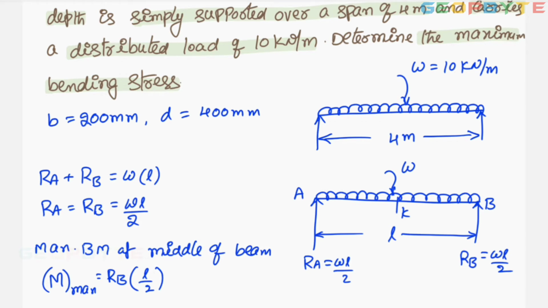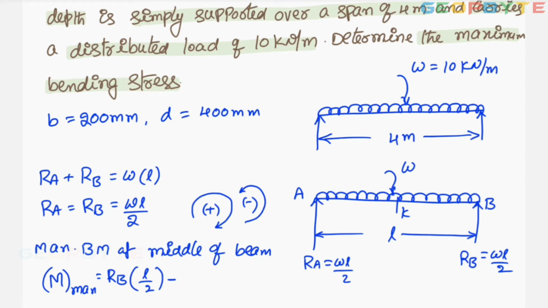Generally, anti-clockwise moments are taken positive, whereas clockwise moments are taken negative. RB is developing the anti-clockwise moment, that's why it should be positive. Whereas WUDL is developing the clockwise moment with respect to the middle K. That's why I am taking the negative.